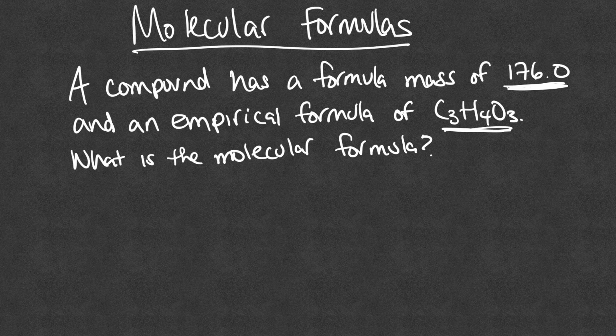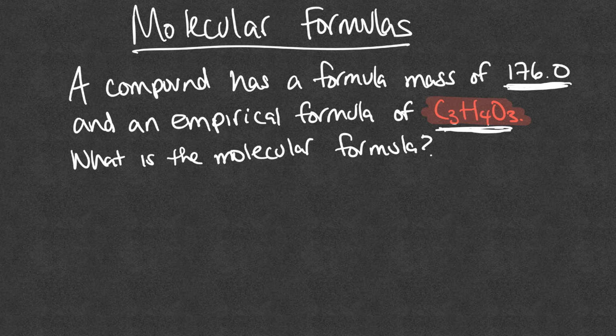So if we figure out the molar mass of the empirical formula, it's going to be a factor of the molar mass of the molecular formula. So first we need to figure out the molar mass of this, and once we figure that out, it should be easy to figure the rest out.